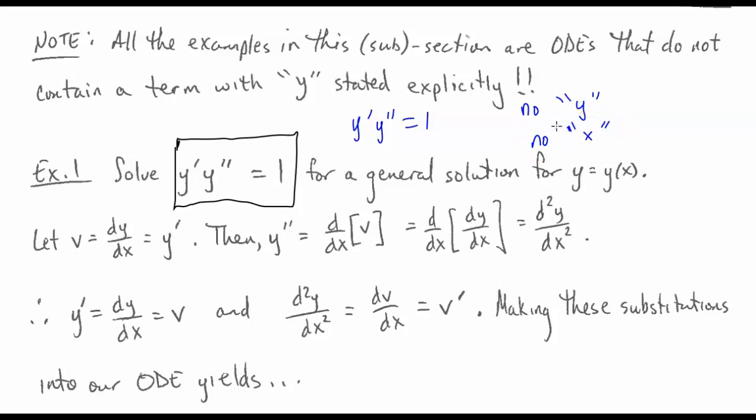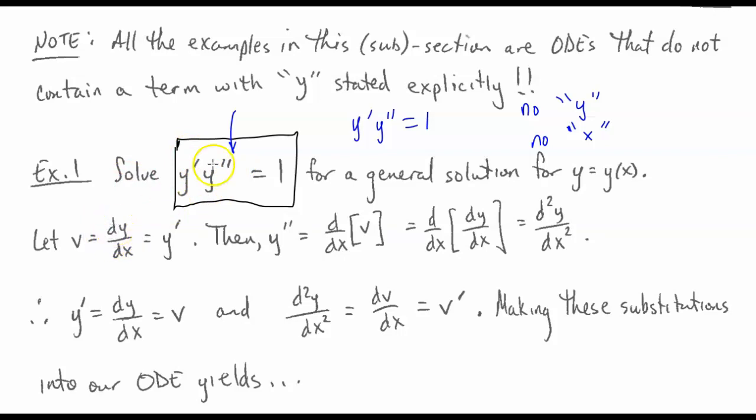And I'm saying that because the other technique that we talked about, where we let v be a function of y, but let v equal dy over dx and do the chain rule to find the derivative of it, we could also do that type of substitution and solve the same ODE. And you're going to see that later on whenever we get to that portion of the video, okay? But I just wanted you to keep that in mind. We can actually solve this particular ODE both ways, okay?